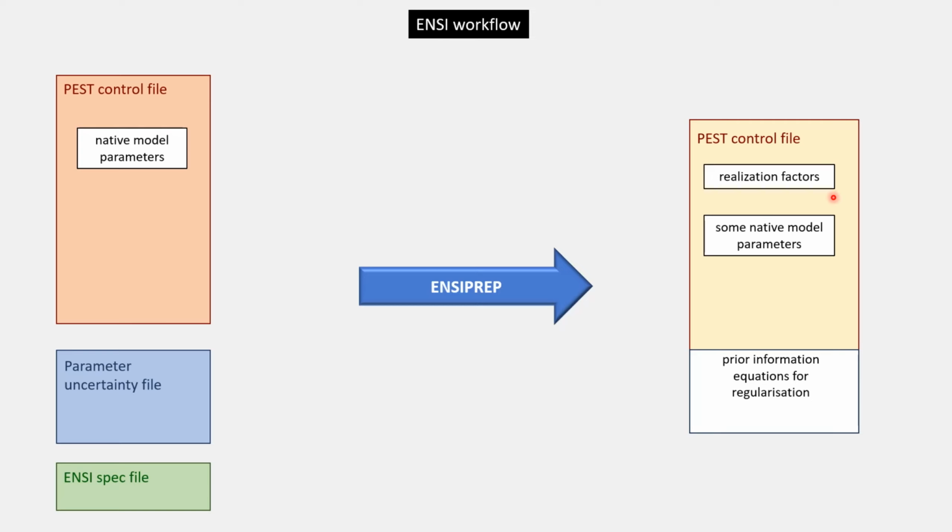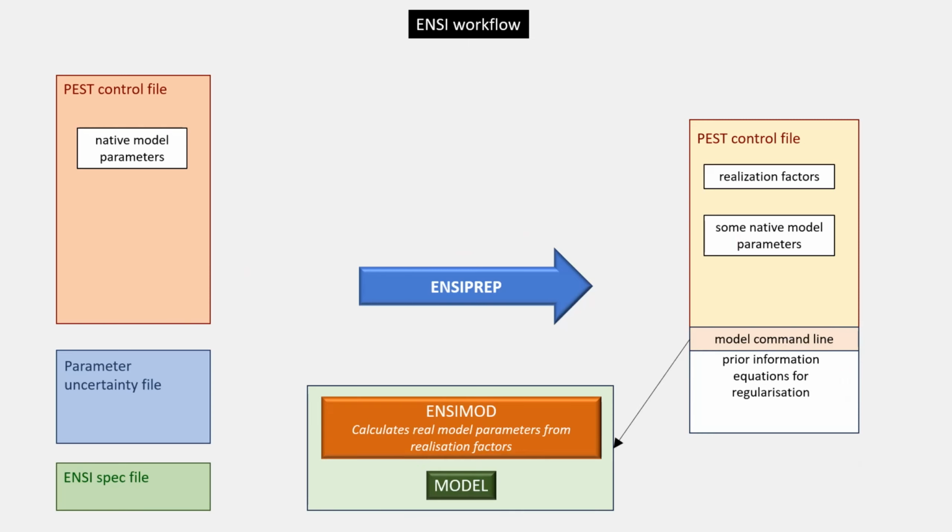Realisation factors will be featured in this file, and also any individual non-realisation parameters that are inherited from the original pest control file. ENSI Prep adds prior information and regularization to this file. The other thing that ENSI Prep does is it writes the input files for another little program called ENSI Mod.